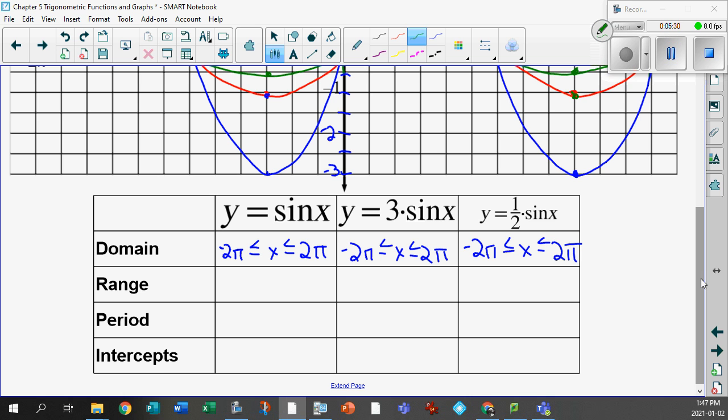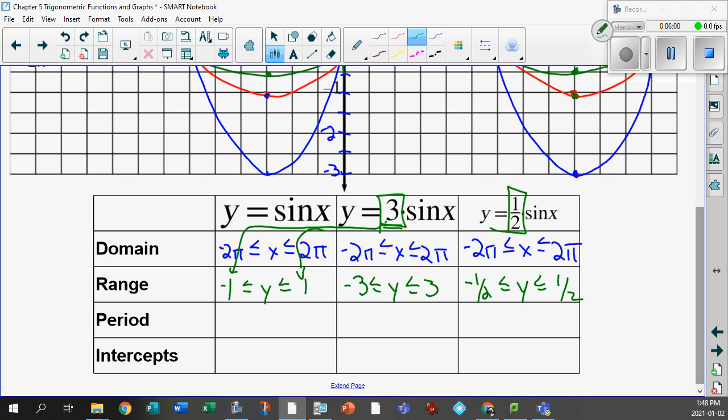Remember, this one was between negative 1 and 1. When we have the 3, look how that value of 3 changes our range because we are stretching vertically. So this goes from negative 3 to positive 3. And this, of course, is our last stretch of a half. So we're going from negative a half to positive a half.